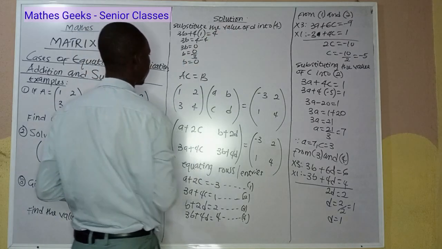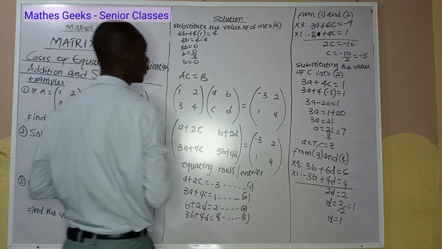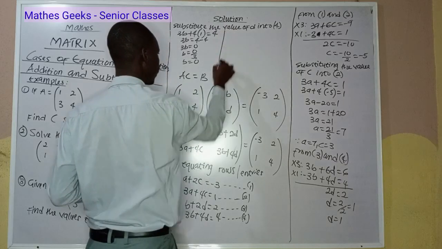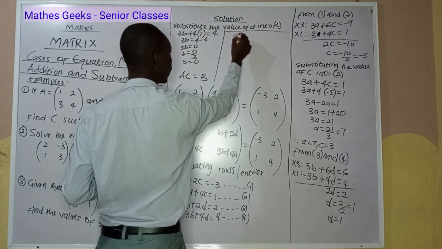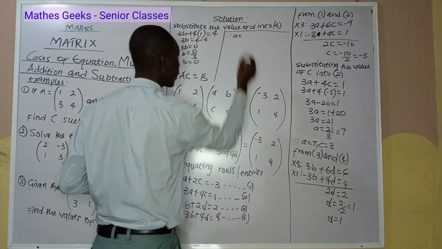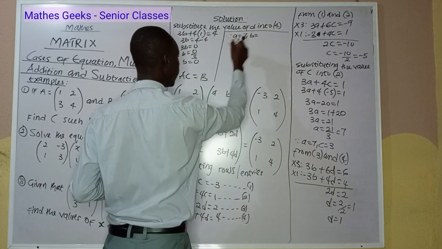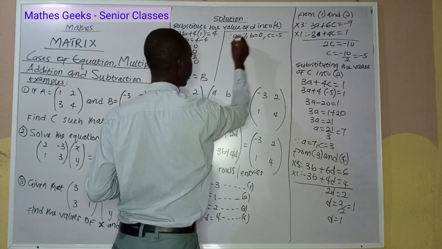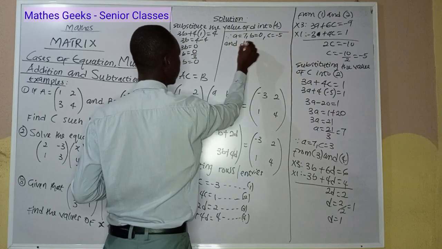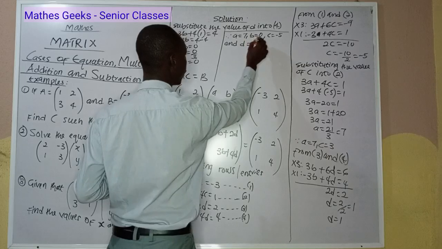So from what we've gotten, let's see, and come here. Therefore, a is equals to 7, b is 0, c is minus 5, and d is equals to 1.